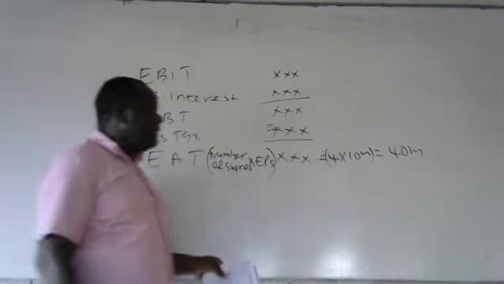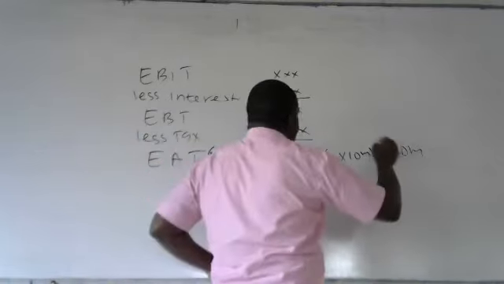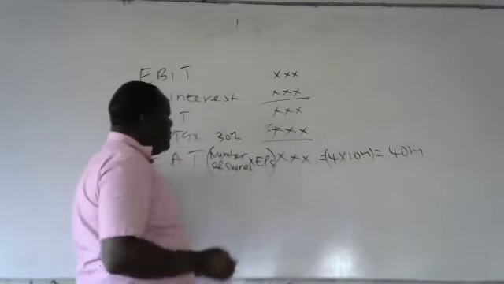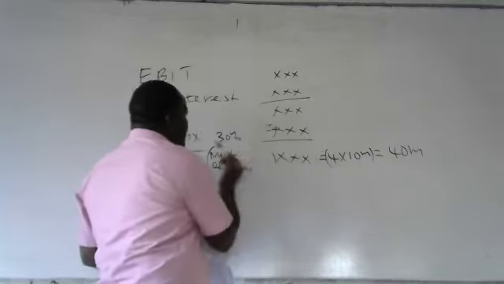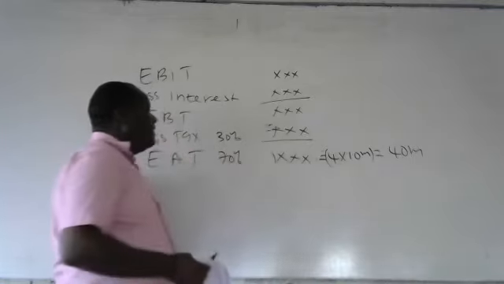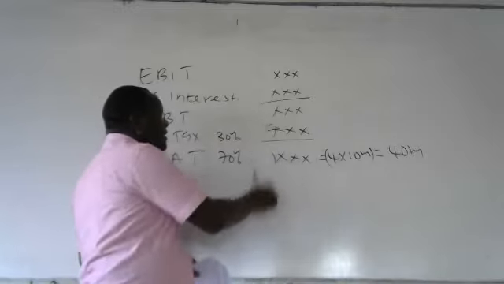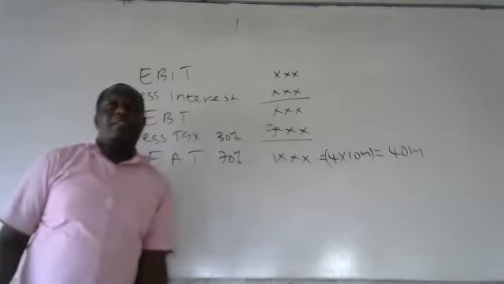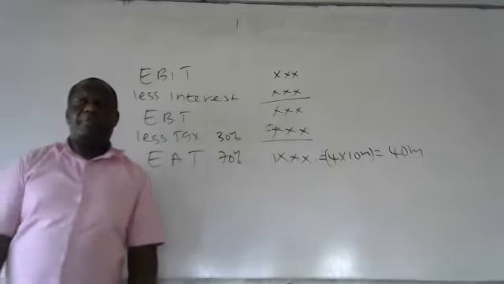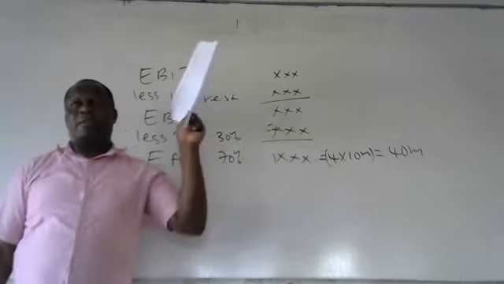Then we know the tax is 30%, isn't it? If the tax is 30%, which means that this item is 70%, which will mean that our 40 million is equivalent to 70%. So how about 30%? You work backwards.